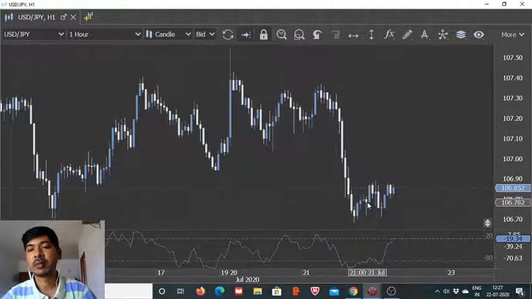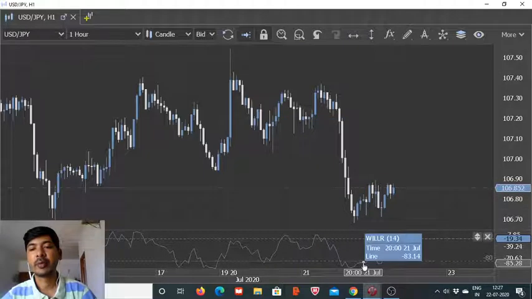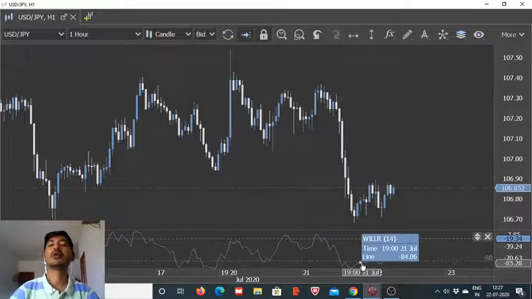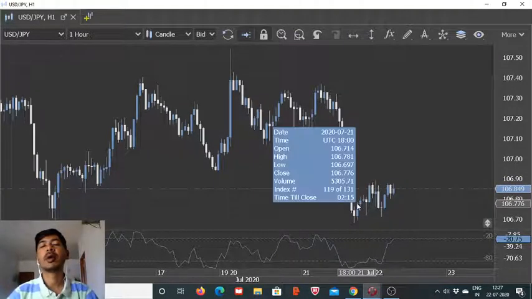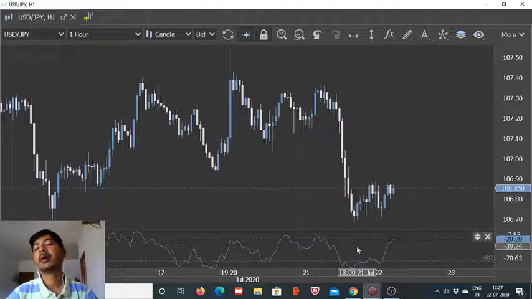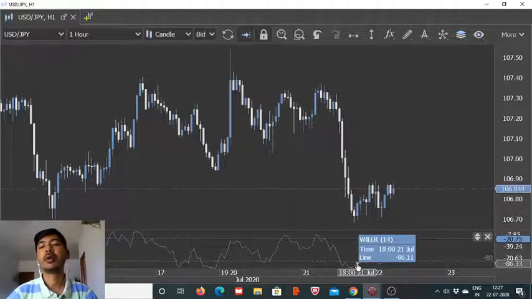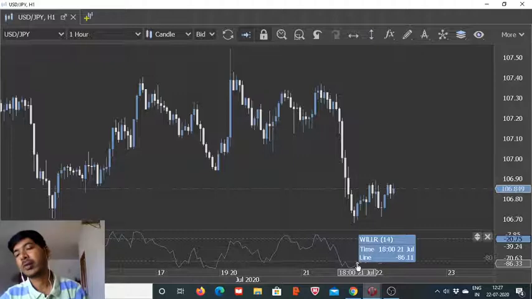So somewhere here this bar will be denoting this Williams R value, and you can use this value even during the current hour just by going back in time and taking into account the value prevalent there, and you can plan your trading setup accordingly.